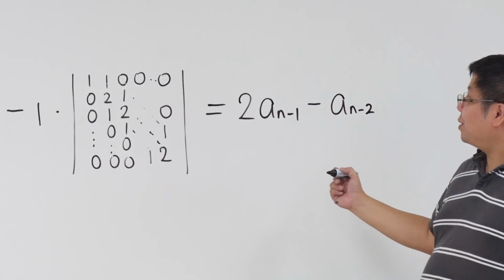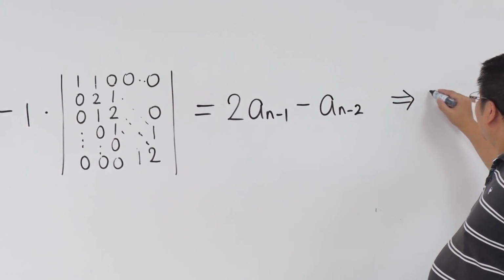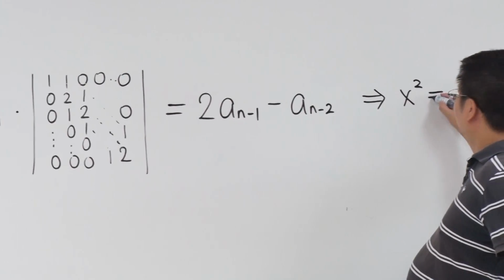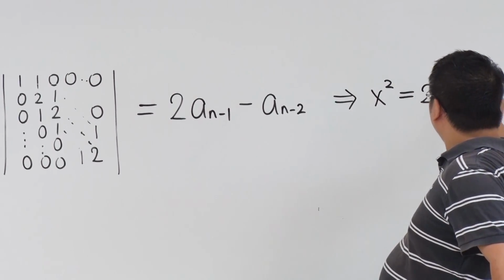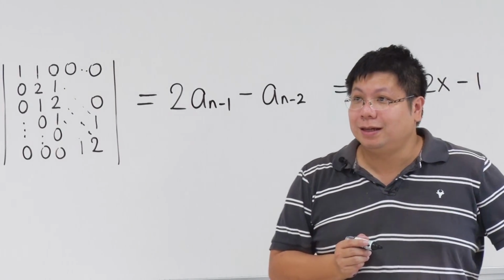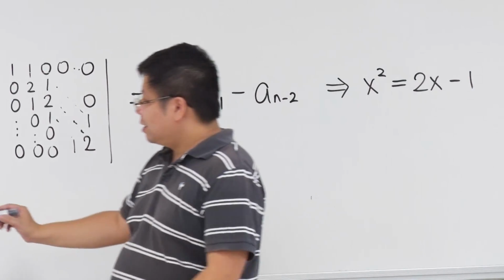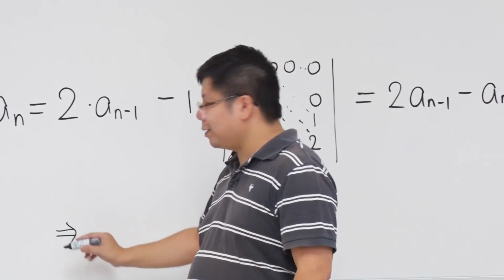What is the characteristic equation? The characteristic equation will be x squared is equal to 2x minus 1, right? What is the root? 1. Repeated root. So what do we know? The particular solution for this one is still 0.